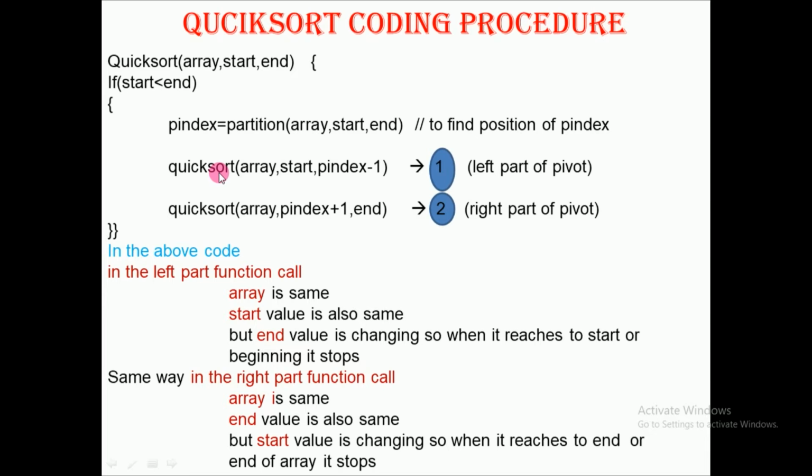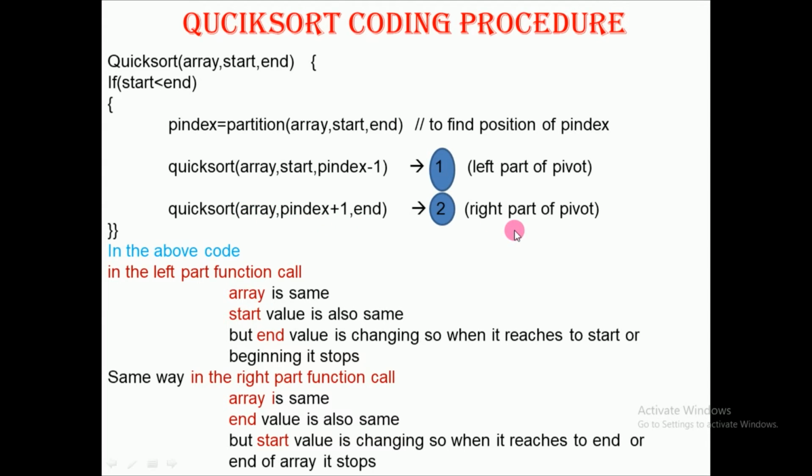For the left array we will take this function, quicksort array comma start comma P index minus 1. If P index is at 5, that 5 minus 1, that means 0 to 4 it will take. Then for the right part, quicksort array comma P index plus 1 comma end. If P index is 5, then it will take 6. If end is 10, that means 6 to 9. That is for the right part.